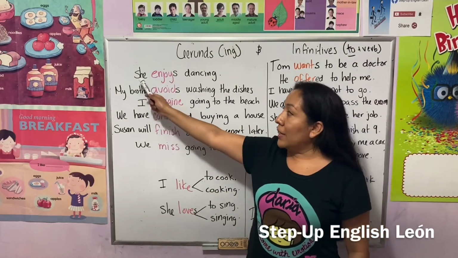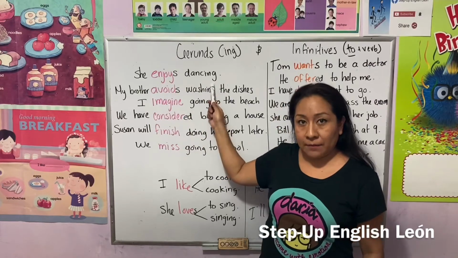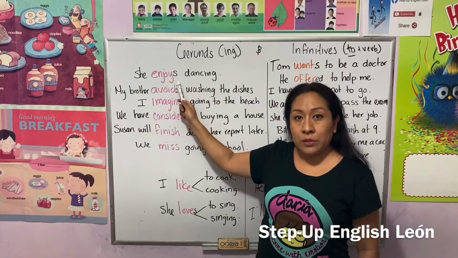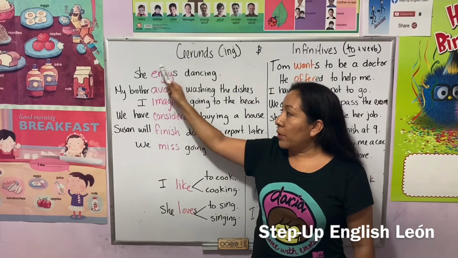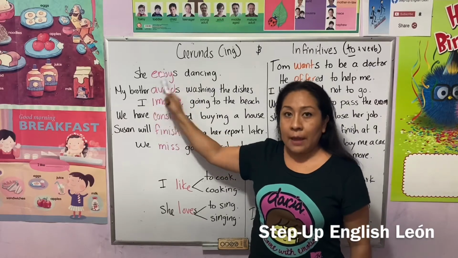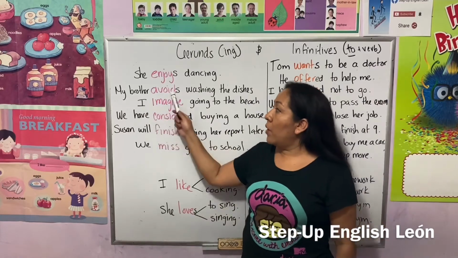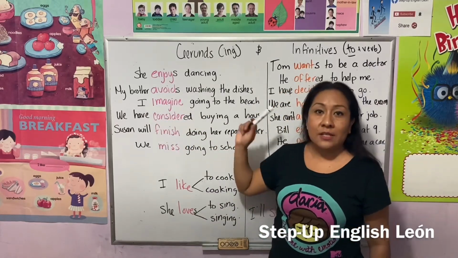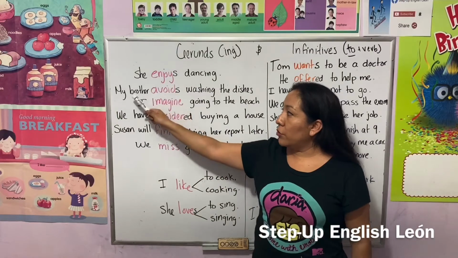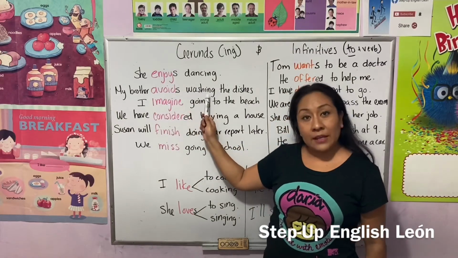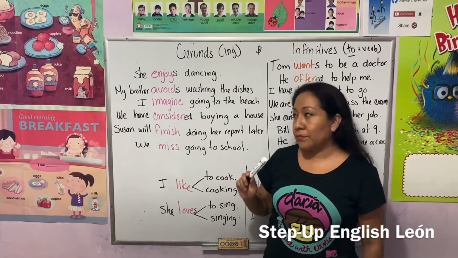Okay, so when I say "She enjoys dancing," enjoys is my principal verb. I use it in present, I use it in third person, but the second one is in gerund. "My brother avoids washing the dishes." Same thing, present, third person, but the second verb in gerund.